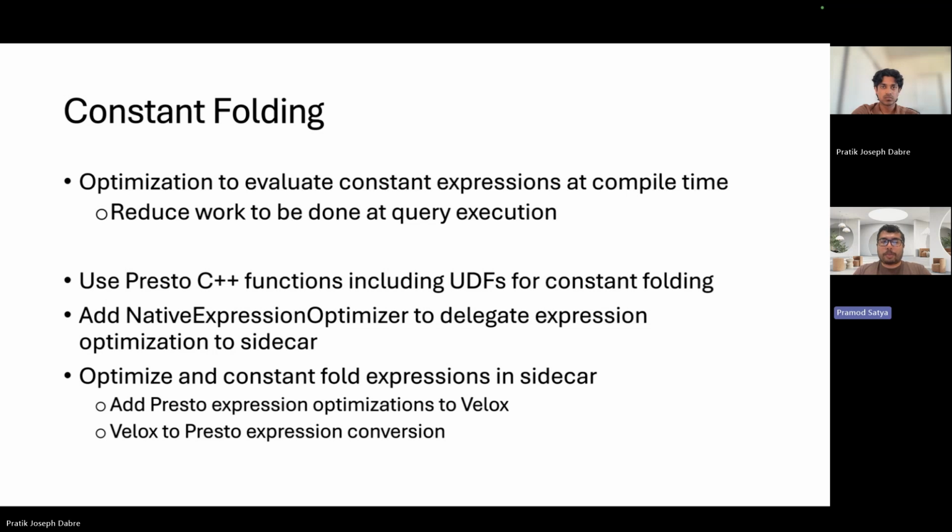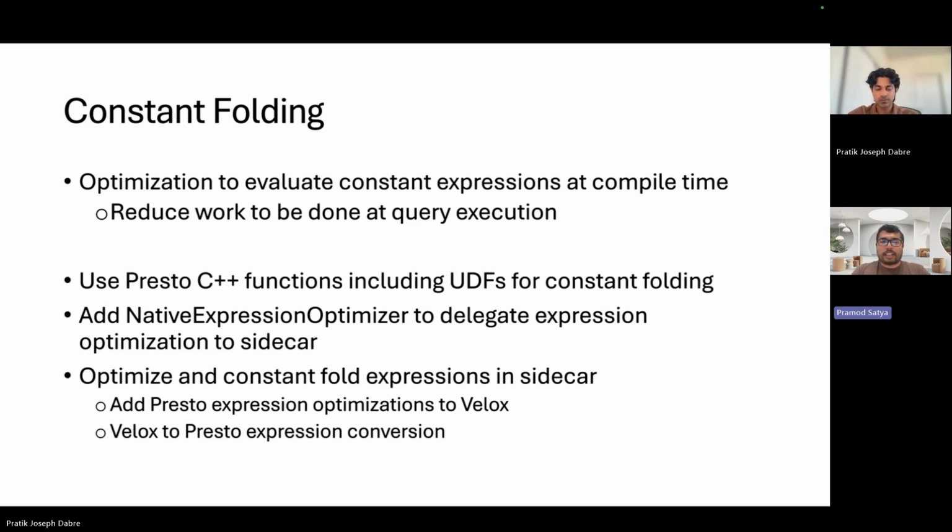In Presto C++, currently the limitation is that constant folding happens on the coordinator using the Presto Java function implementations. In the Presto C++ cluster, we should have the capability to constant fold expressions using the C++ function implementations. And for constant folding, we should also be able to support UDFs, and currently this is not possible.